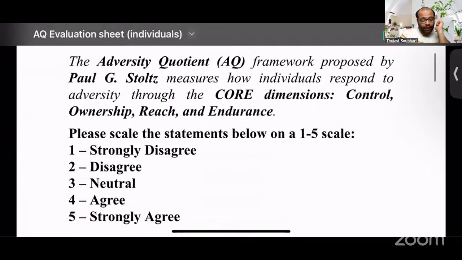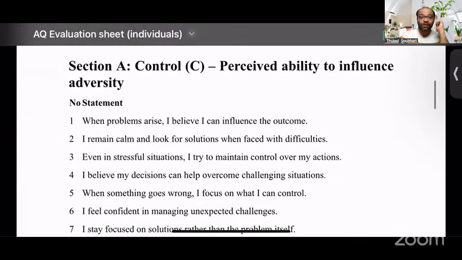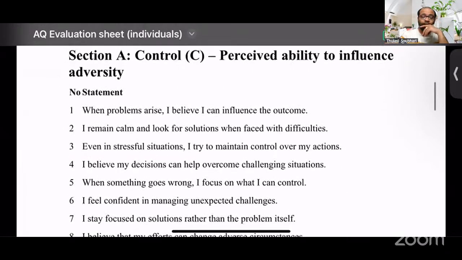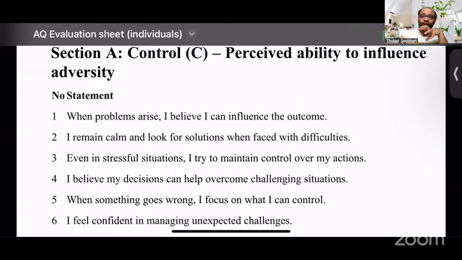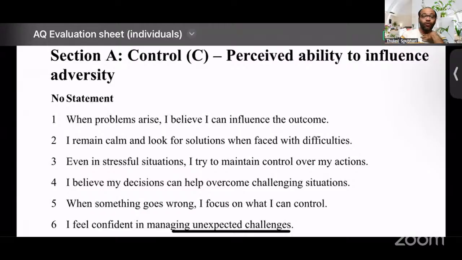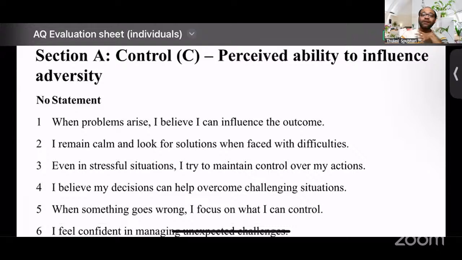Take the case of C, control: when problems arise, I believe I can influence the outcome. Whenever you see any problem, don't take others' perspective, take your personal view. That is why I told you it is individualized. The name of that file itself I've created as individuals, meaning it's for the individuals.